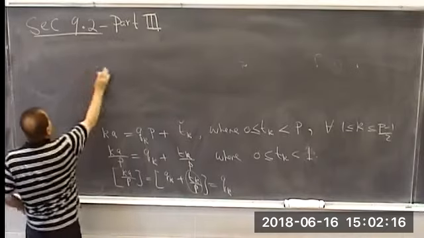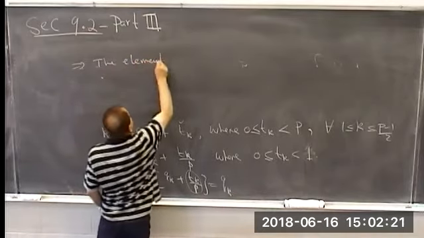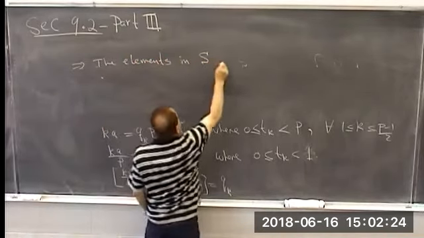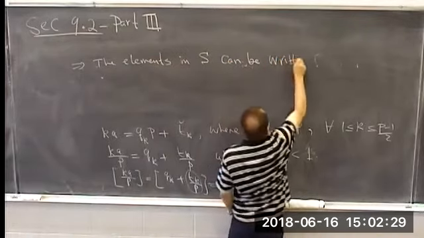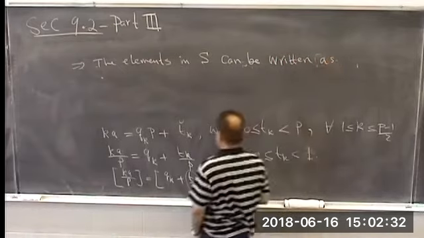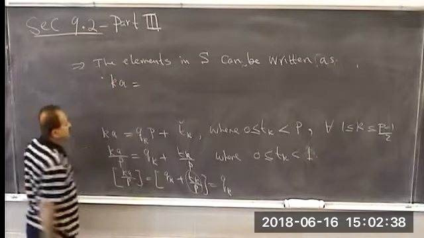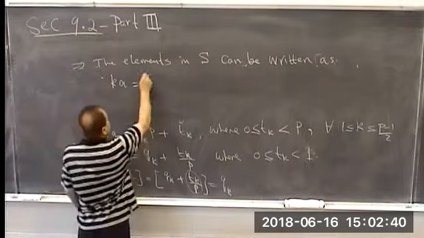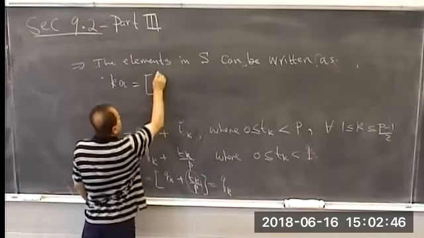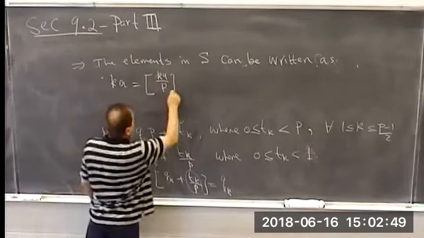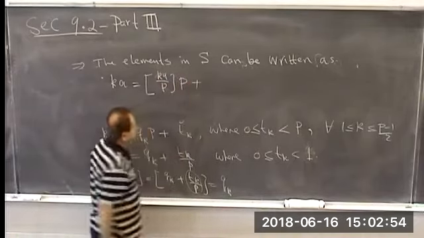So this implies that the elements in S can be written as this: ka is equal to, we're going to replace the Q sub k by the greatest integer of ka over p, times p, plus T sub k.